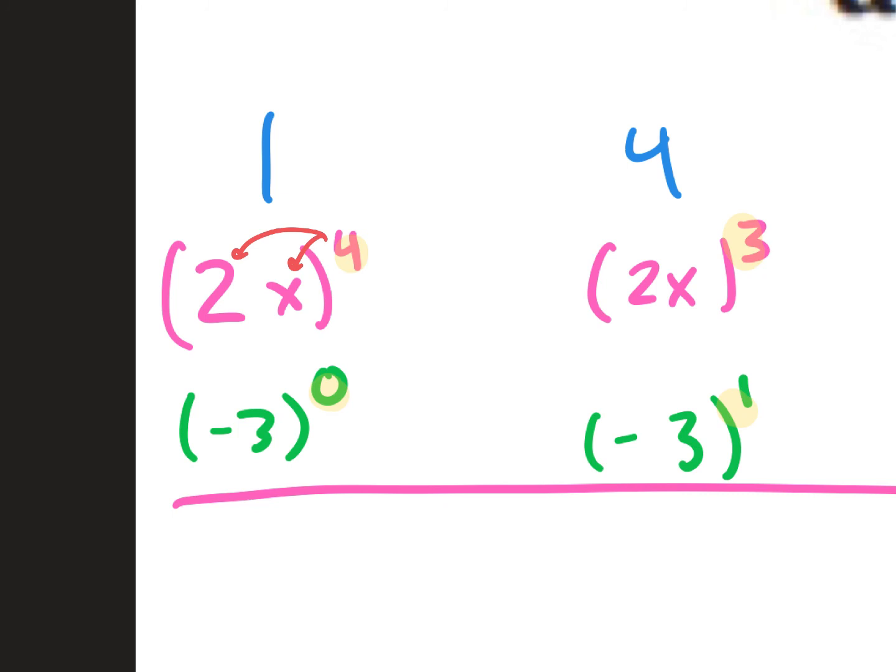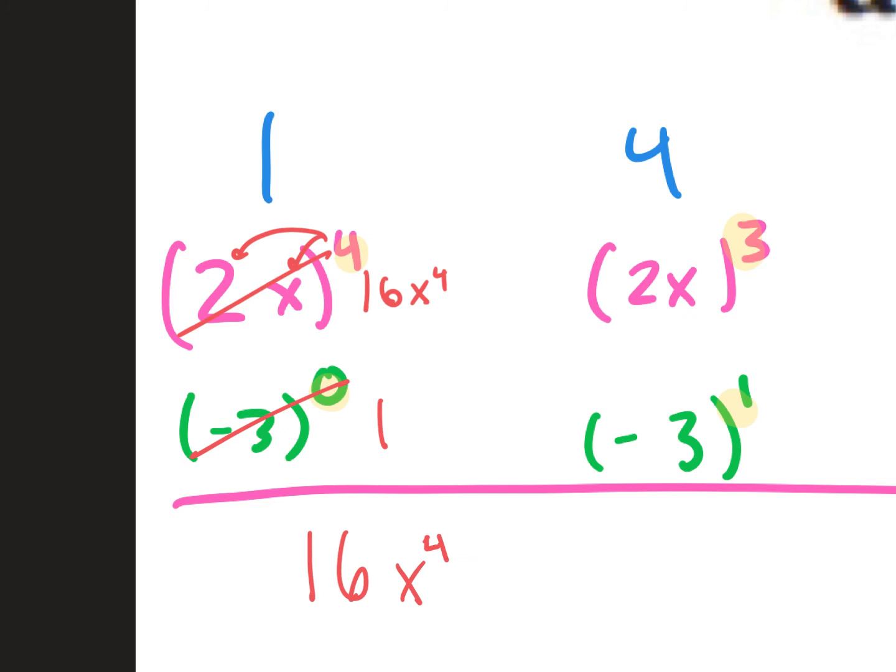So what is 2 to the fourth power? 16. So it'd be 16x to the fourth power. What is negative 3 to the power of 0? 1. So I can cross it out and put a 1. So this is 1 times 16x to the fourth power times 1, which is just 16x to the fourth power.